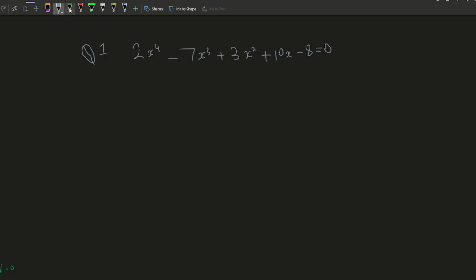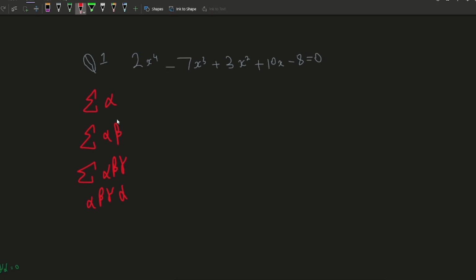We need to find summation of alpha, summation of alpha beta, summation of alpha beta gamma, and lastly alpha beta gamma delta.